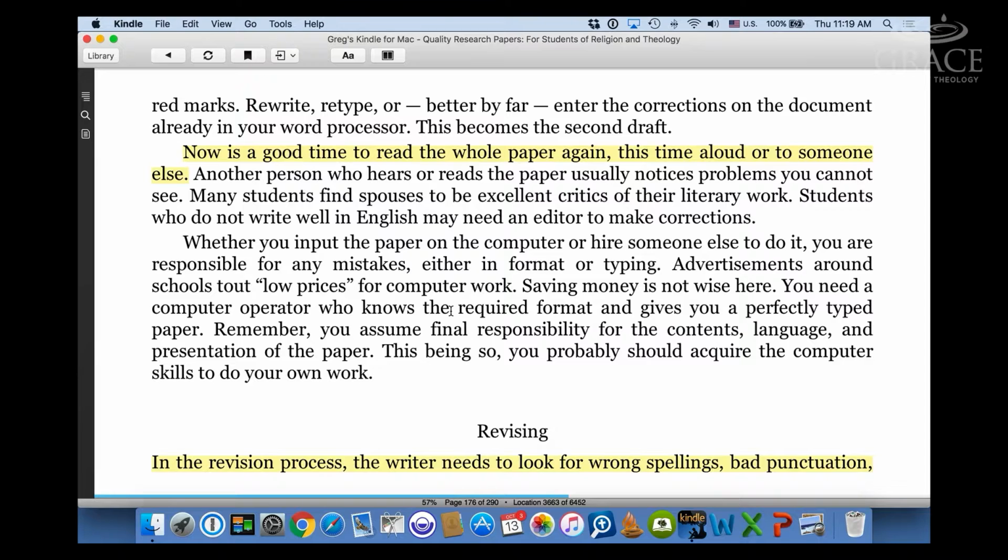The second draft, write and rewrite. Now is a good time to read the whole paper again, this time aloud or to someone else. I think that's a great idea, is read your paper aloud, either to yourself or to someone. When you are reading a paper aloud and you're listening to it, you can really get a handle on a couple of things.